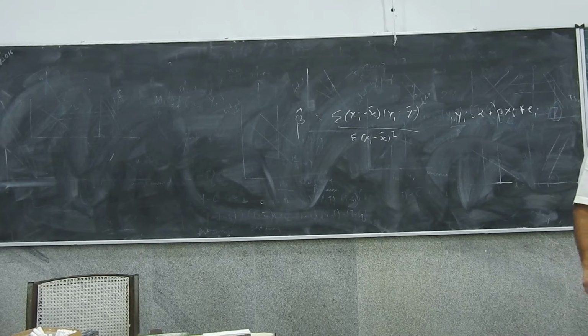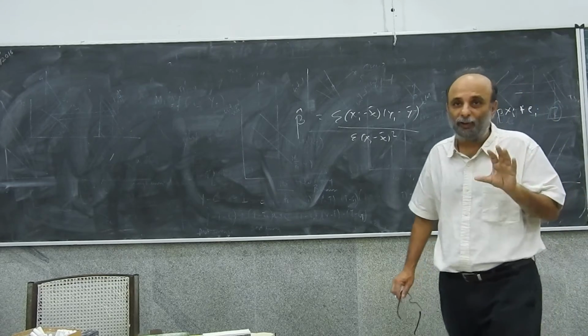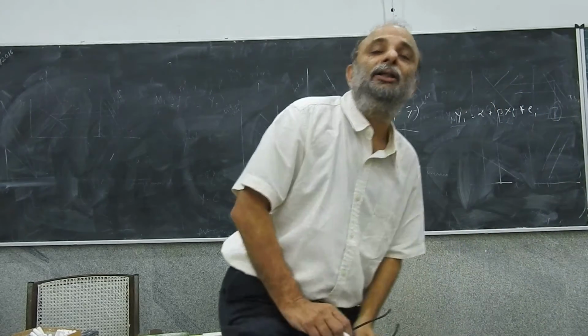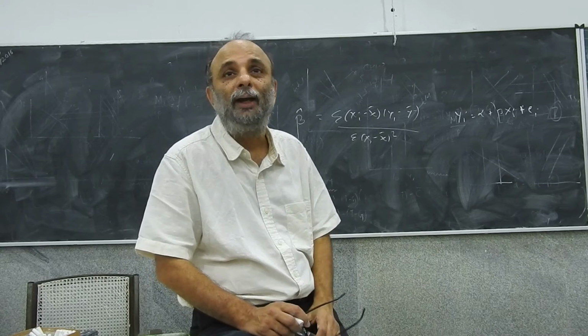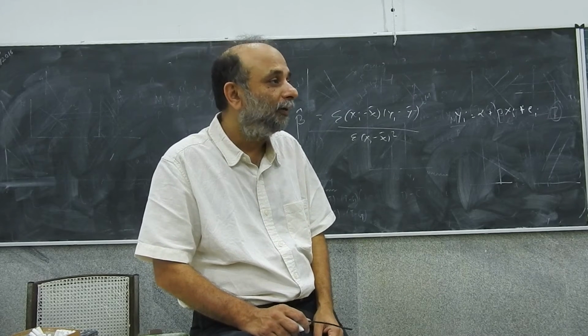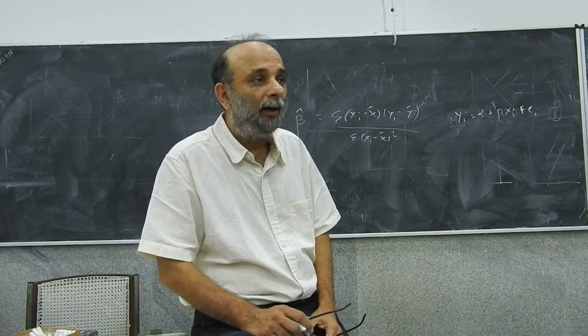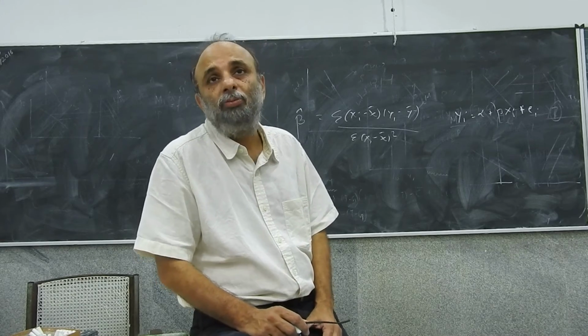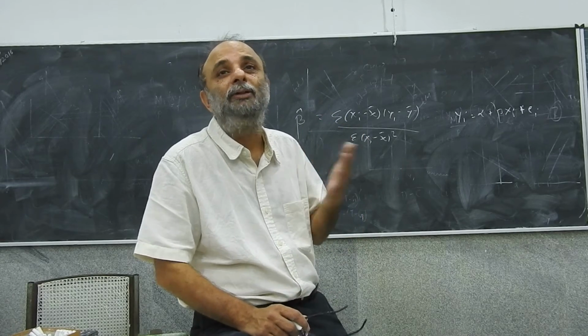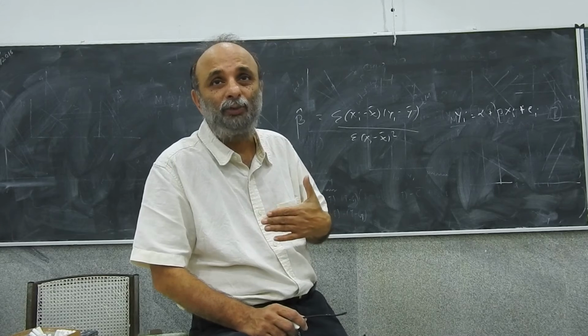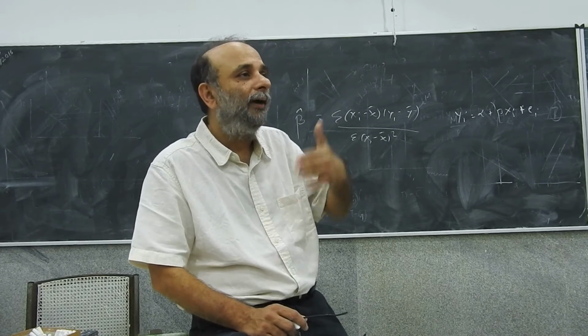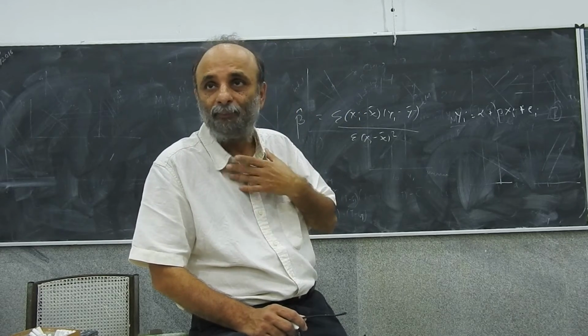The natural estimator for the covariance of xy is summation xi minus x bar, yi minus y bar, upon n, whereas for the denominator, summation xi minus x bar square upon n minus 1 upon n, and you divide those things and n cancels.